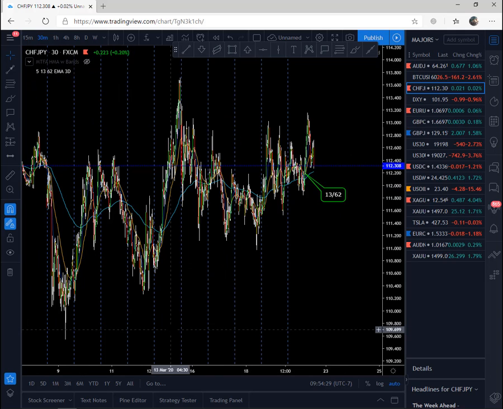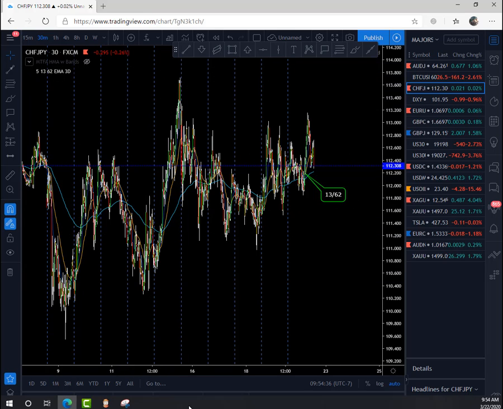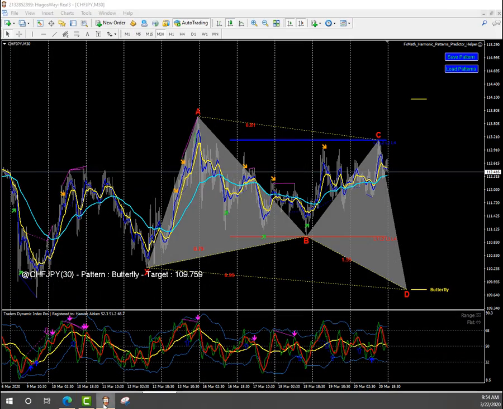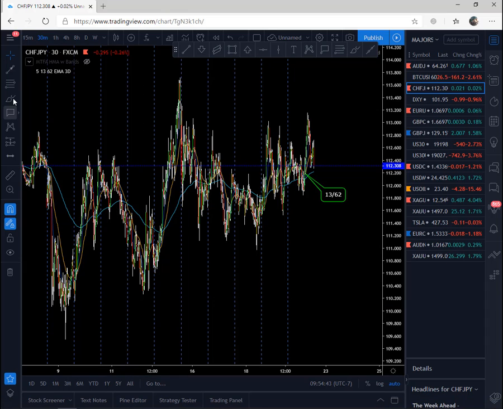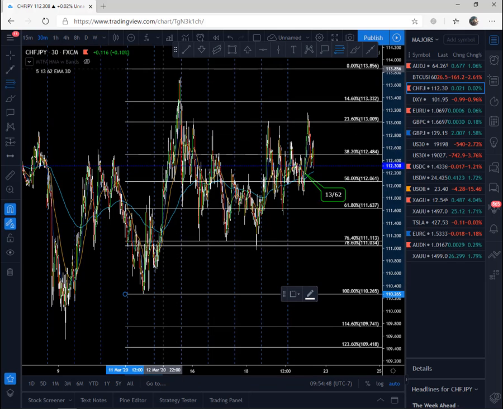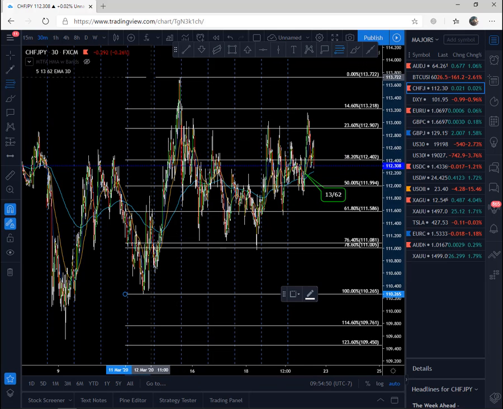So at this time, I'm identifying that impulsive leg, which is the X and A. So I'm gonna throw my fib retracement from X to A, and this does meet the butterfly criteria for that B point.